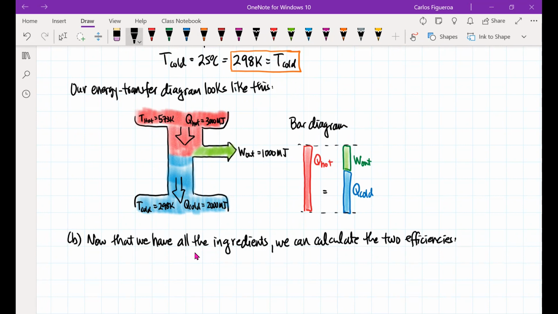Okay, so then there's the power plant efficiency.